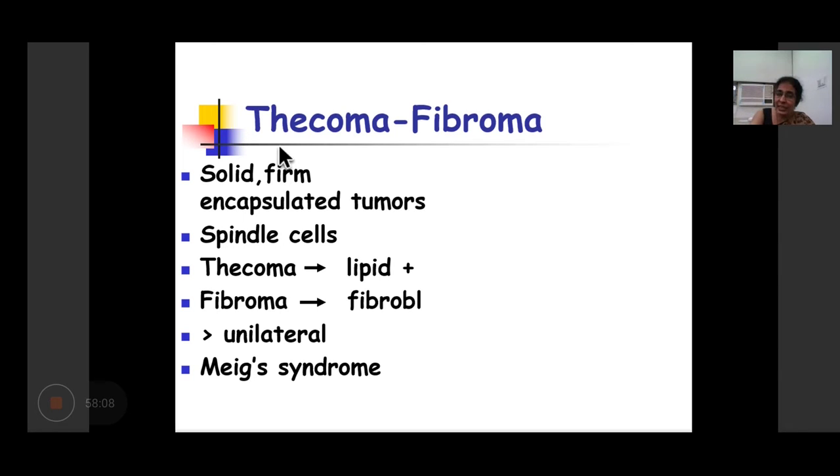When they accumulate lipid, they will appear yellow in color, and those are called thecomas. And when they are formed of thin fibroblastic-like cells without any lipid in the cytoplasm, it is called the fibroma.